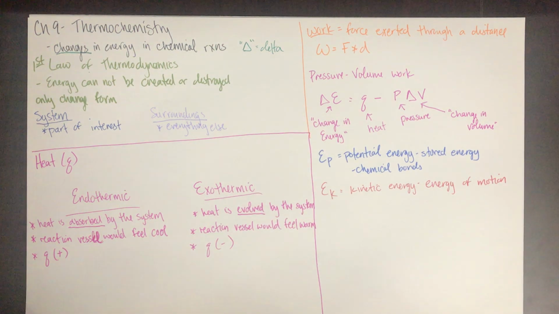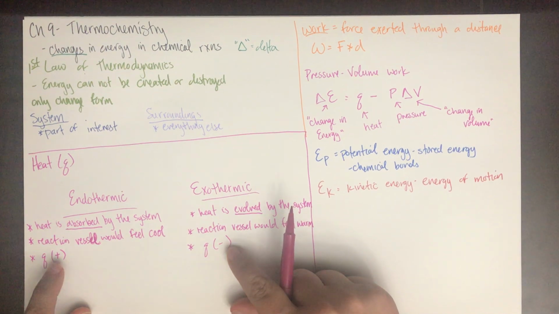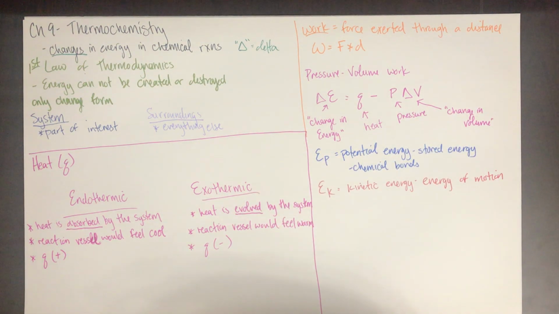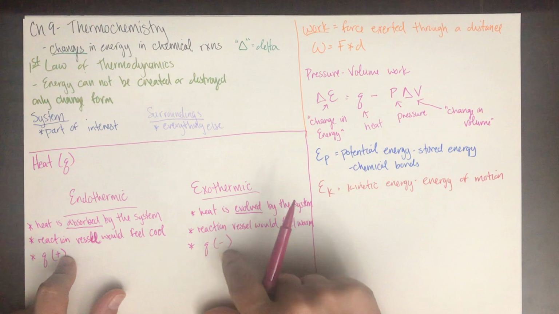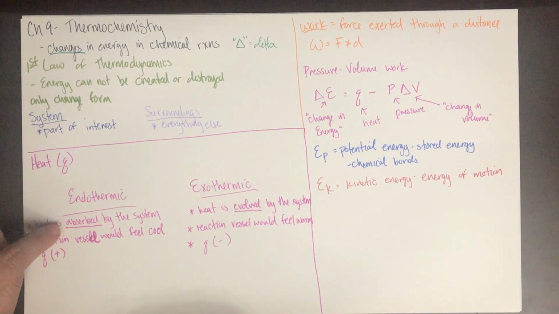So, it's important that you pay attention to the signs of these numbers, positive or negative, because it indicates the direction that the energy is flowing. Oftentimes you'll read a word problem and it's not going to tell you that the heat is a positive number or the heat is a negative number. It might say 100 kilojoules of heat is absorbed.